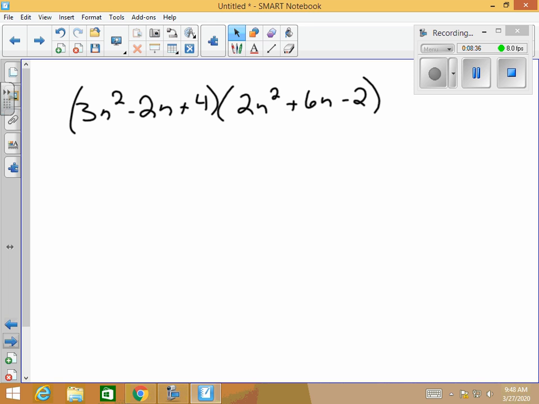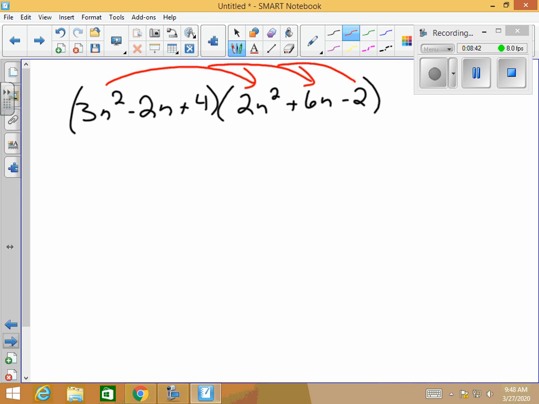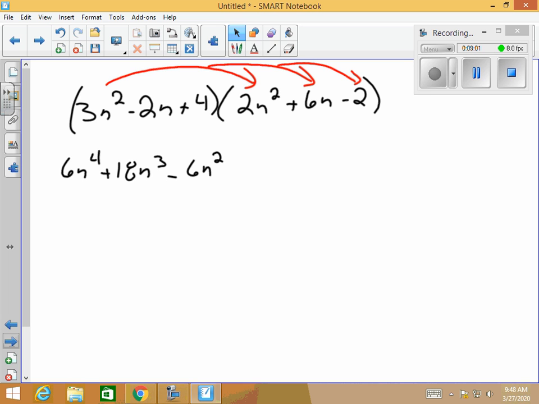We're going to take this 3n squared and take it times every single term. And when we do that, here we go. We get 6n to the 4th plus 18n to the 3rd when I add my exponents, minus 6n squared. So we've got that part.